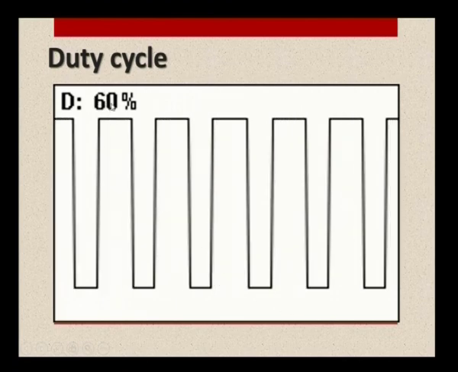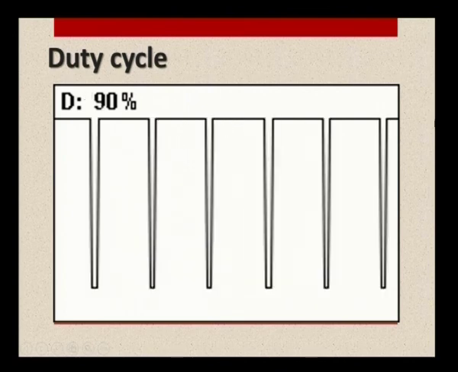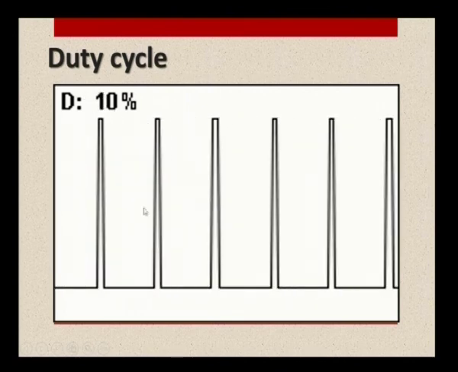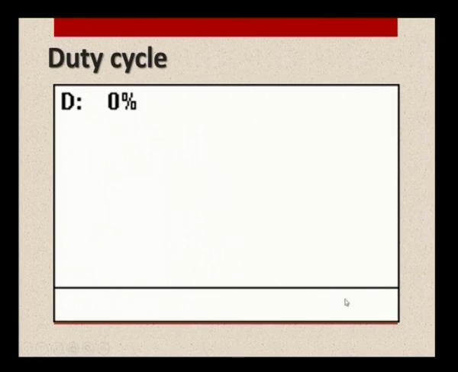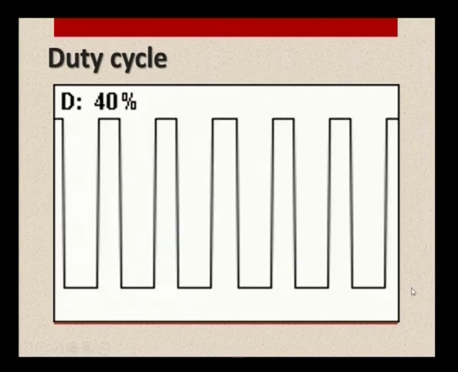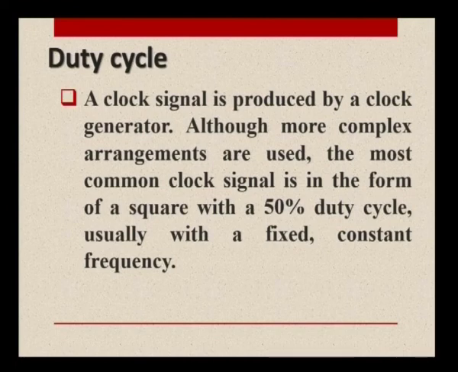See, now the waveform, the D is increasing, so the shift is to the higher level. Now the duty cycle is decreasing, so the shift is to the lower level. So, we can have any value between 0 and 100 as far as a digital waveform is concerned. Now, we can look at the importance of duty cycle.